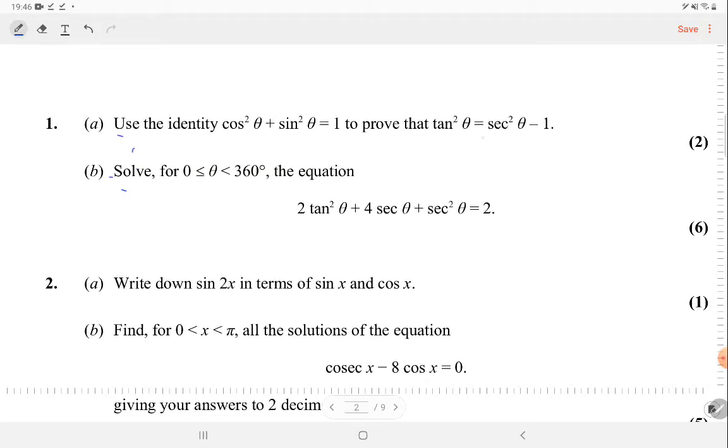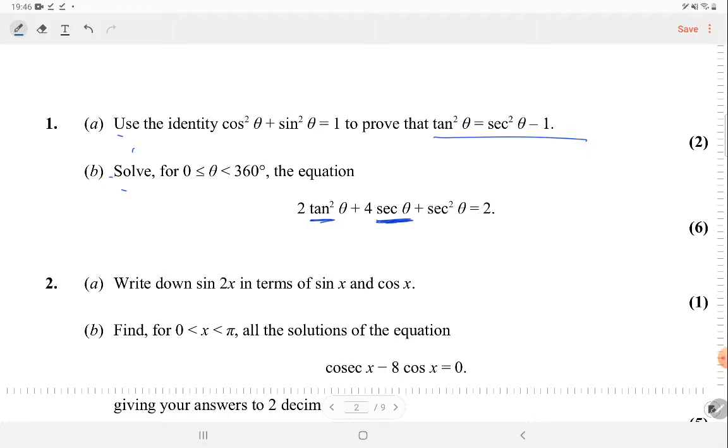So the first part of the question is done, but it says to solve the equation. What we can do is substitute tan squared theta, because tan squared theta is equal to sec squared theta minus 1. Now remember, whenever you're solving equations like these, whatever is the lowest power in the equation, you will always have to use that as the common term.